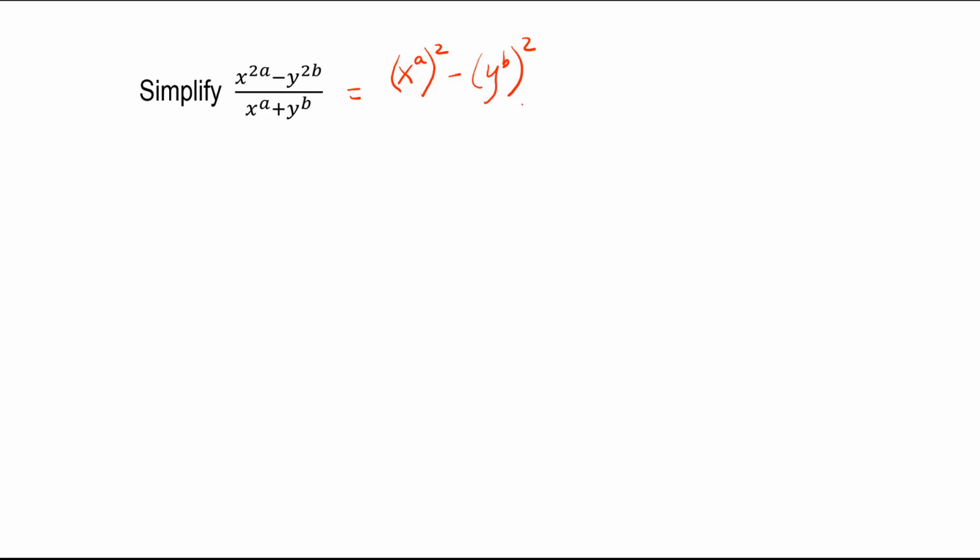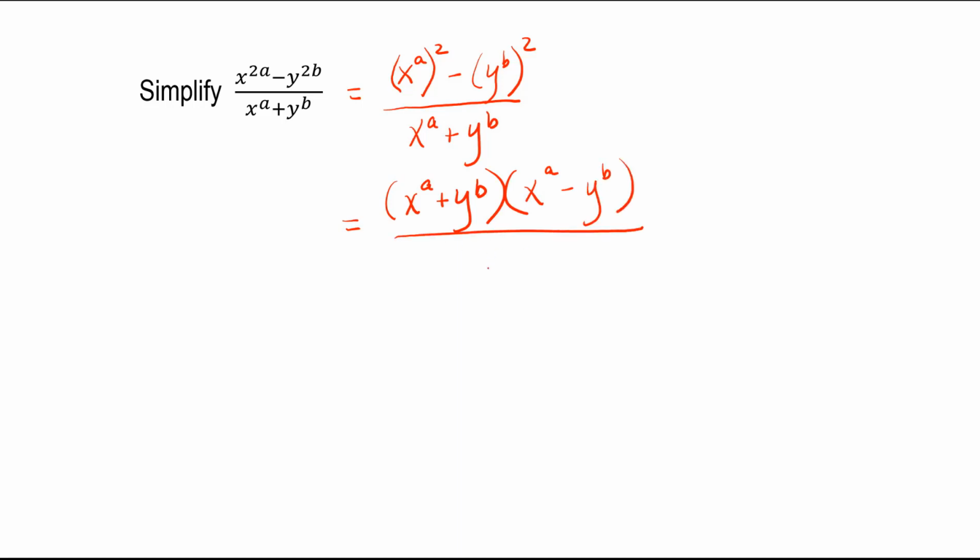So that is actually a difference of squares, even though maybe at first it doesn't look like that. All right, so that tells me that I can factor that numerator: x to the a plus y to the b, x to the a minus y to the b.